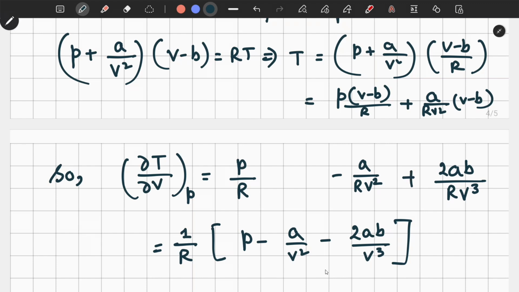This term will be positive. No, actually that will cancel. Nothing will be there actually. Okay, let me check. One minute. If it's P plus A by V square, then it's correct. Then you just replace it, but that will not. RT. Okay, then.